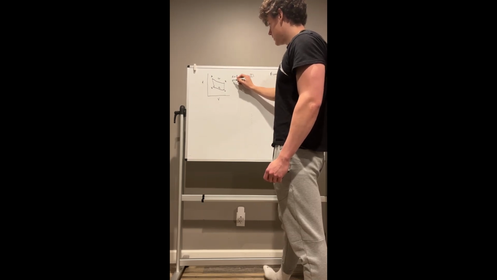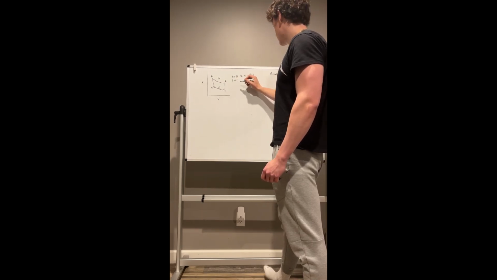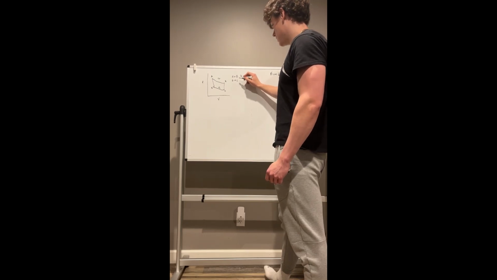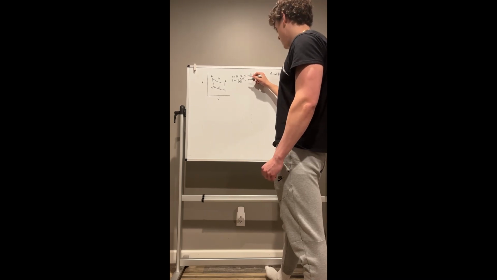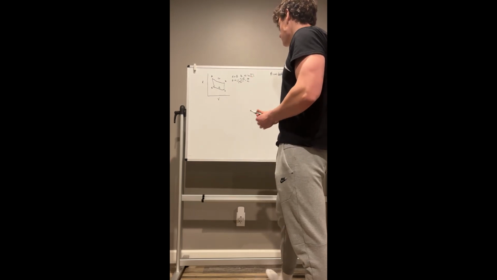From B to C, this is adiabatic. So we will have our TC in this situation, TC over TH, to the CV over R is equal to V1, which would be VB over VC.